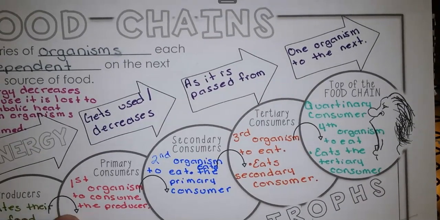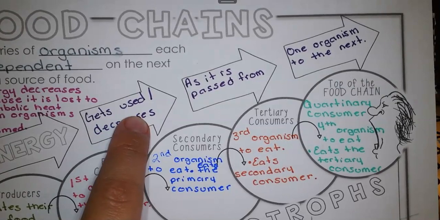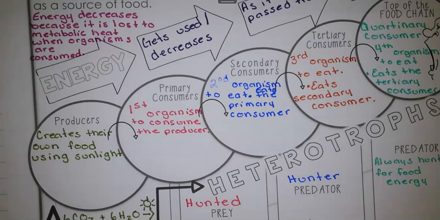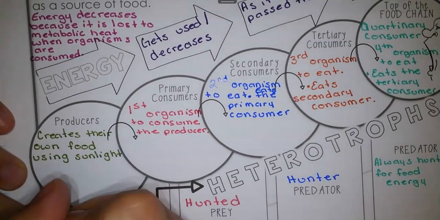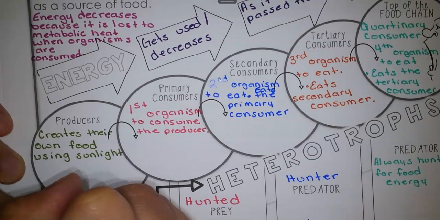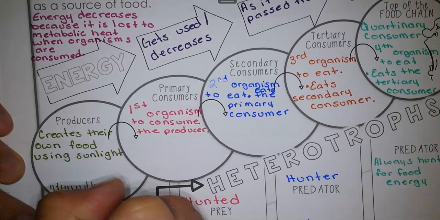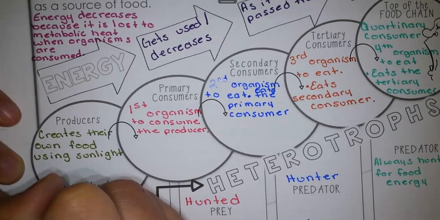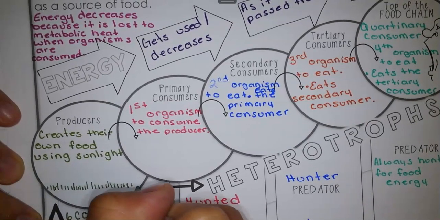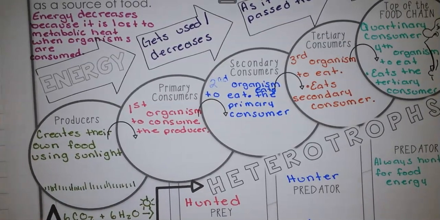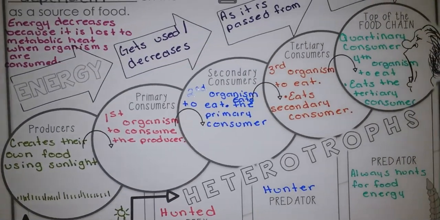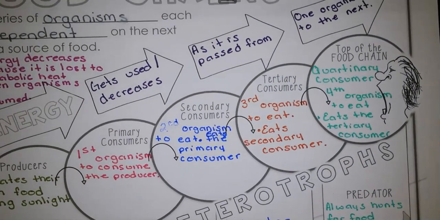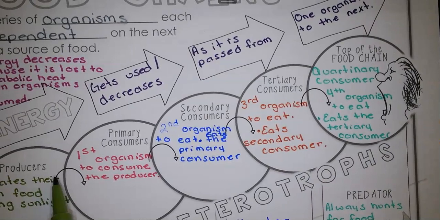So these arrows right here are the movement of energy from our producers, which are our plants, I'm going to put grass, all the way to our quaternary consumer, which is the top of the food chain. The energy is getting passed on.